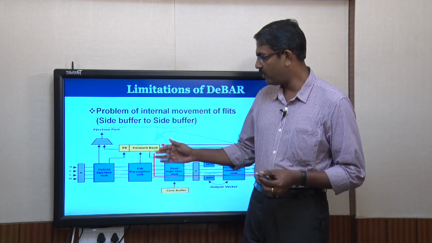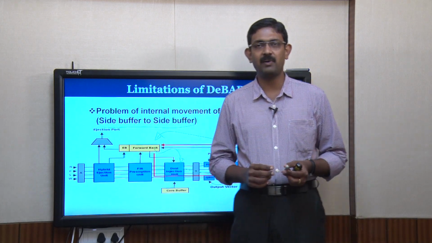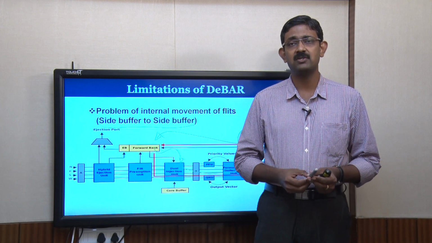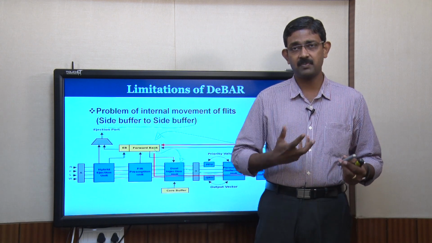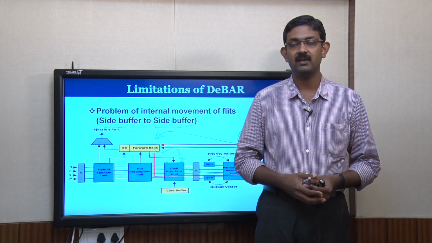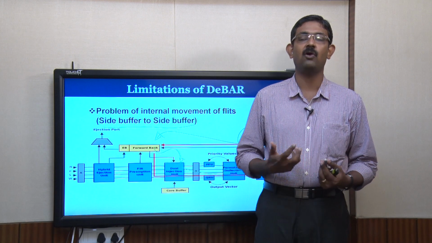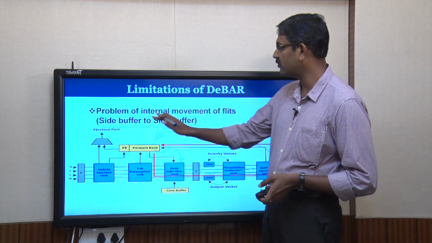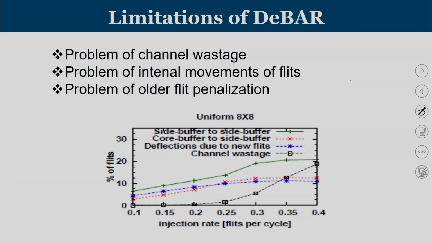Why is this happening? When a flit is re-injecting into the router pipeline, its priority is not changing because in D-bar, the priority is based on hops to destination. Since the priority is still the same, the flit may again compete with the other flits, and it may not get the productive port. So, here also we have the side buffer to side buffer issue.